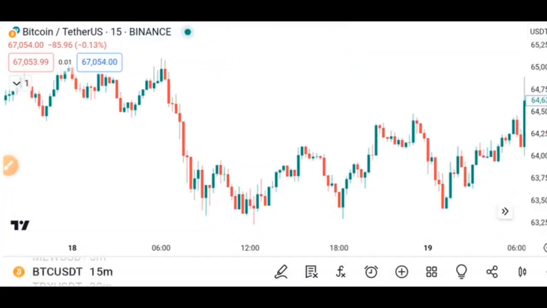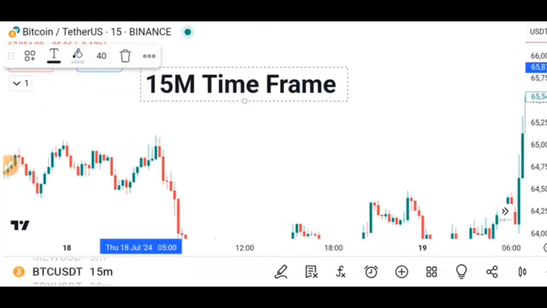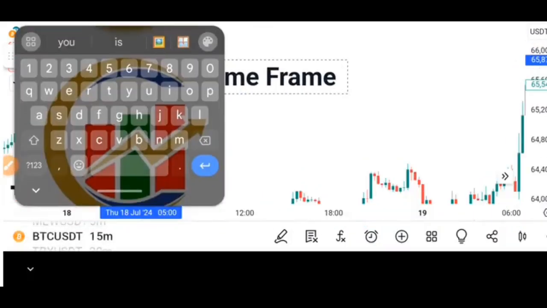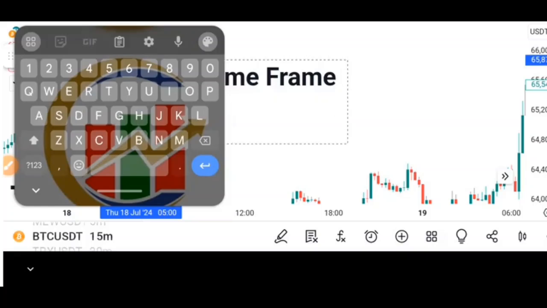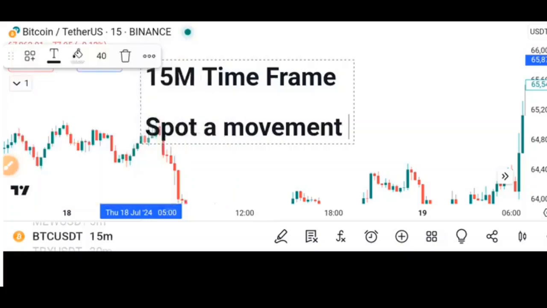Now in the 15-minute time frame, you need to spot a sell or buy movement, a previous market movement, right? So I'm going to show you the type of movement you should spot.